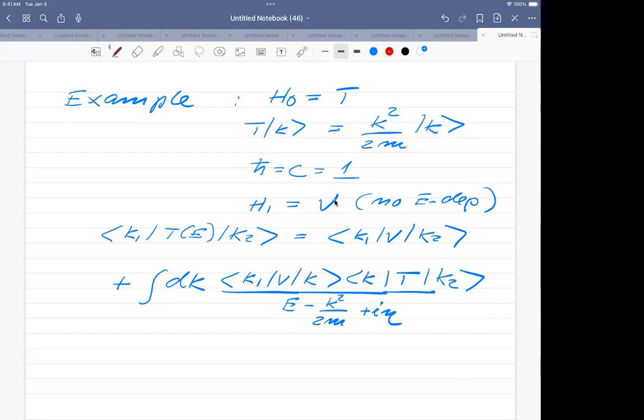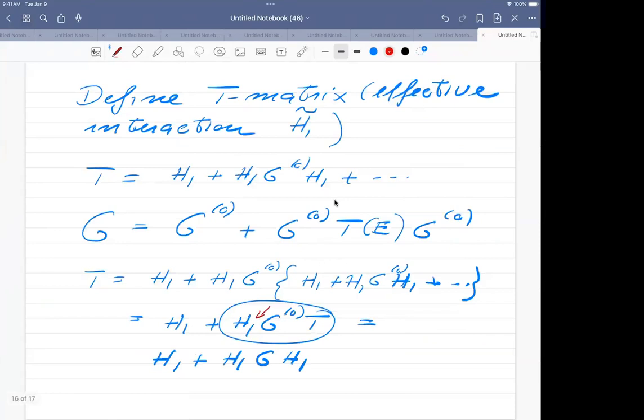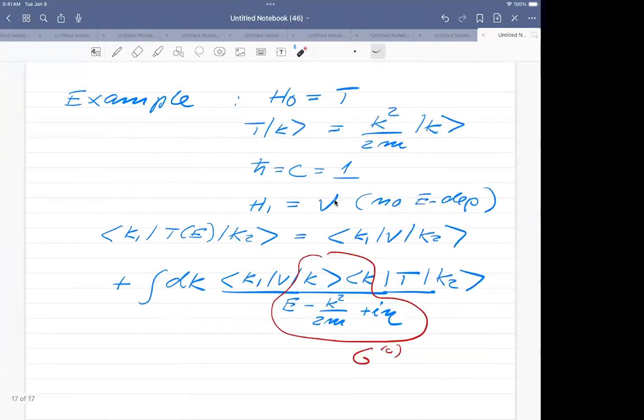So the quantity which you see here is nothing but my G0 term. And if we go back to the expression, this is a term which I'm plugging in here. I have the interaction here. And then I just put in the completeness relation, which I did here.